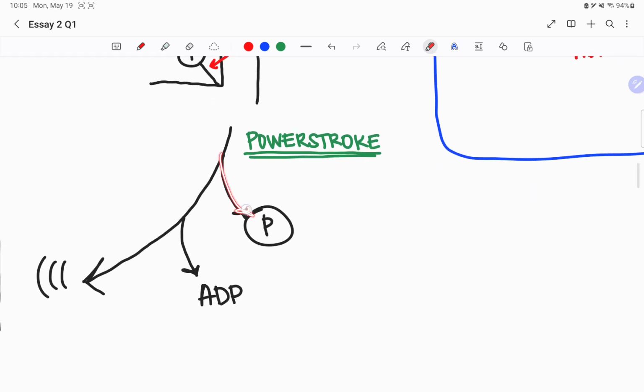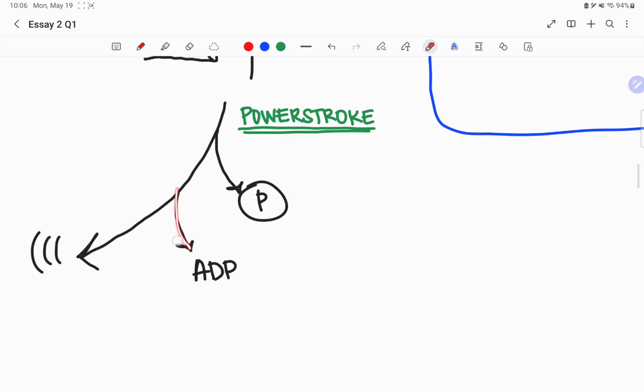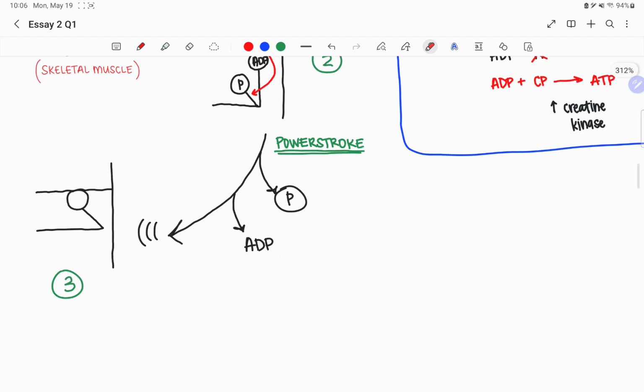So we lose our phosphate group, okay, it gets kicked off, and then that causes a conformational shift on this ADP head group. So then ADP gets kicked off, and that causes movement. That's why I've got these little lines here, okay? Now this is known as our power stroke, because that's like pulling the trigger on your gun, right? So you release all of that energy, and it goes bam, it shoots down, okay?